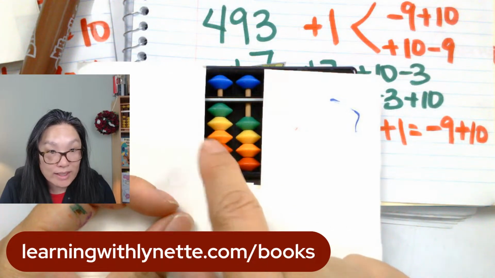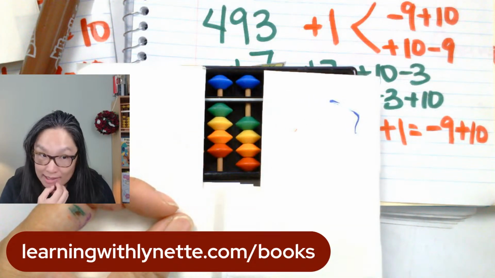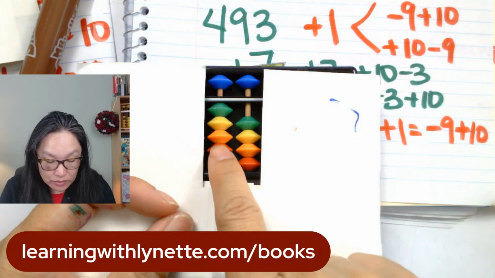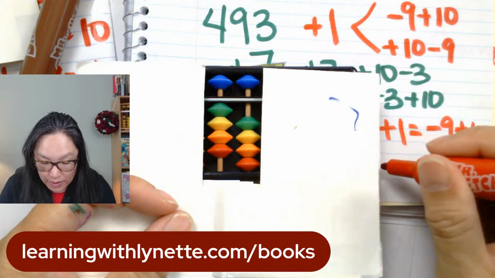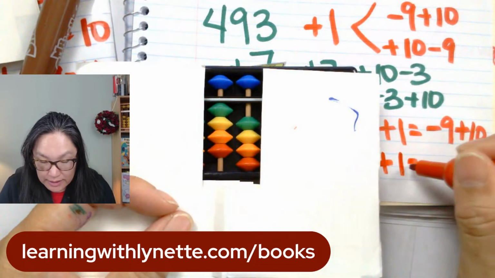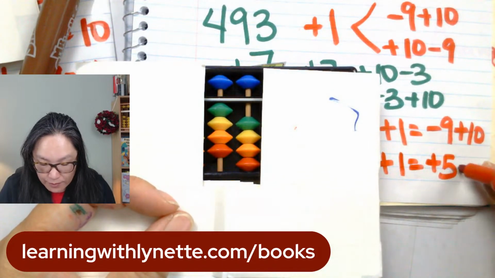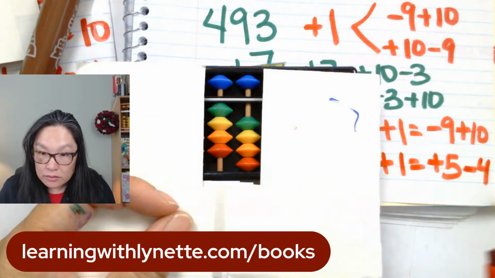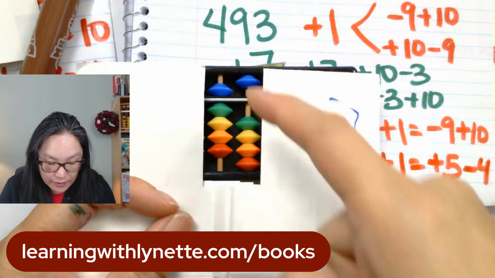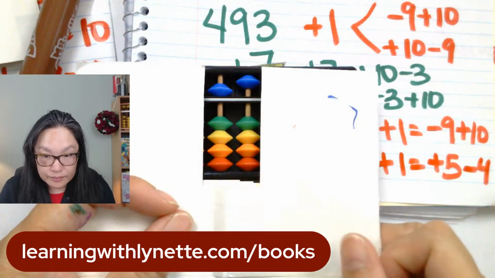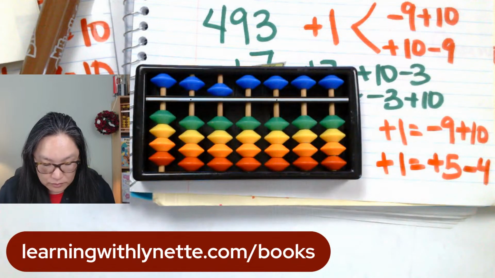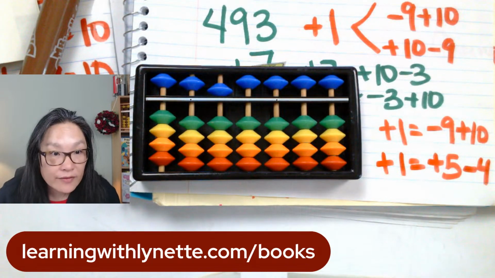Can I add the 1 here? No, I can't. What do I do? I know plus 1 is also plus the 5 minus 4. So I'm going to plus the 5 minus the 4. My final answer is 500.